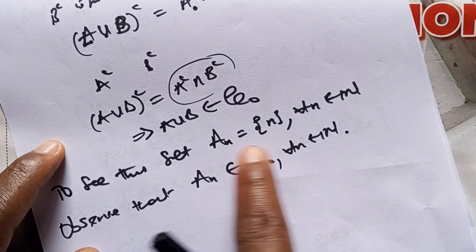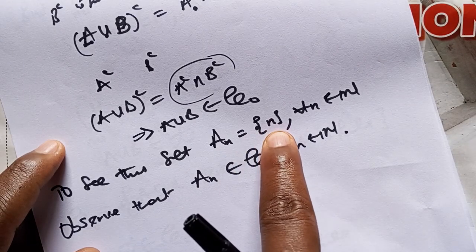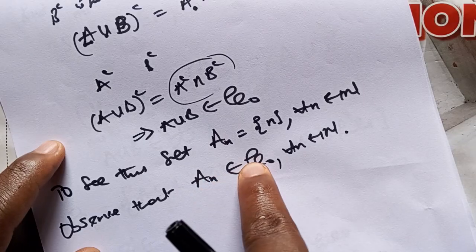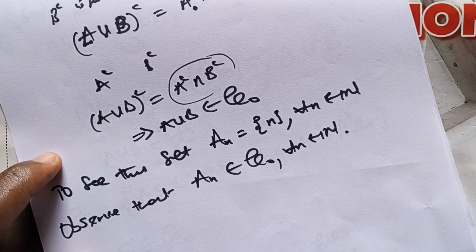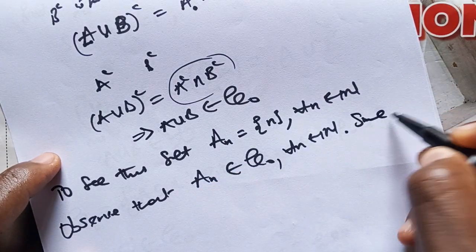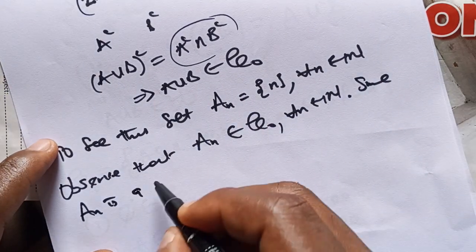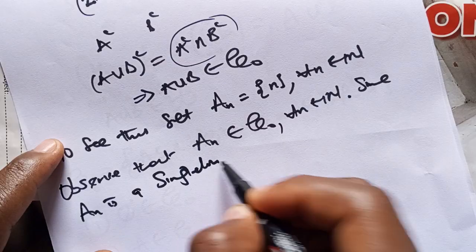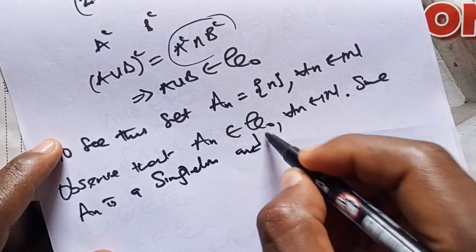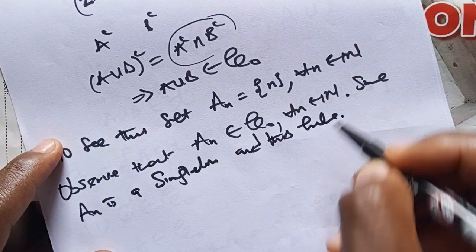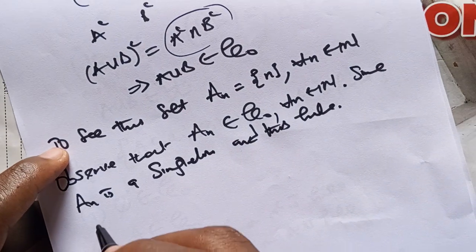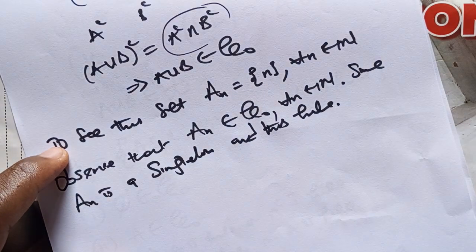So since this singleton set is finite, then A_n is in what? The algebra. Okay, so since A_n is a singleton and thus finite.